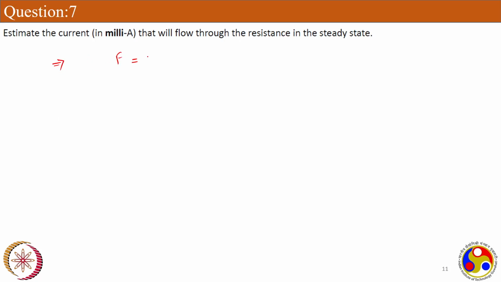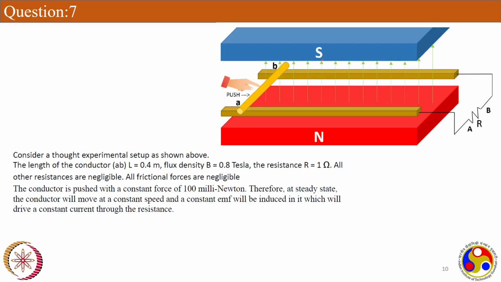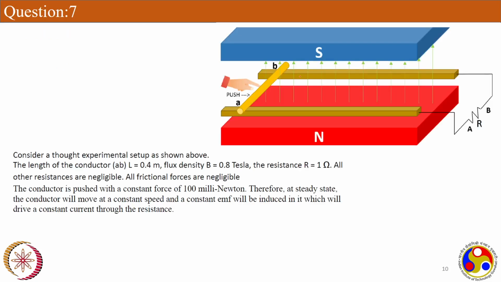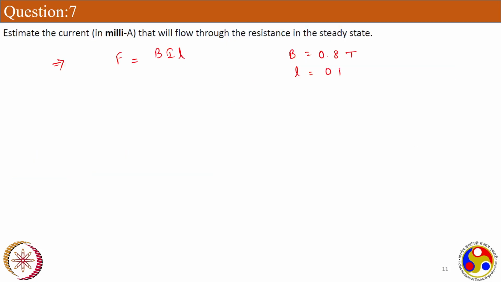The force experienced is equal to BIL. B is given as 0.8 Tesla, and length of the conductor is 0.4 meter. Force is 100 millinewton.